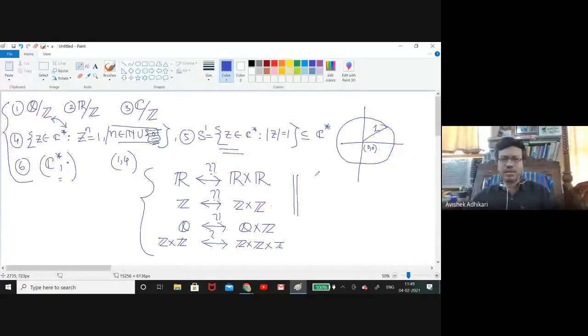All the questions are: are these groups isomorphic? That means, with respect to this pair, whether these groups are isomorphic, and so on.